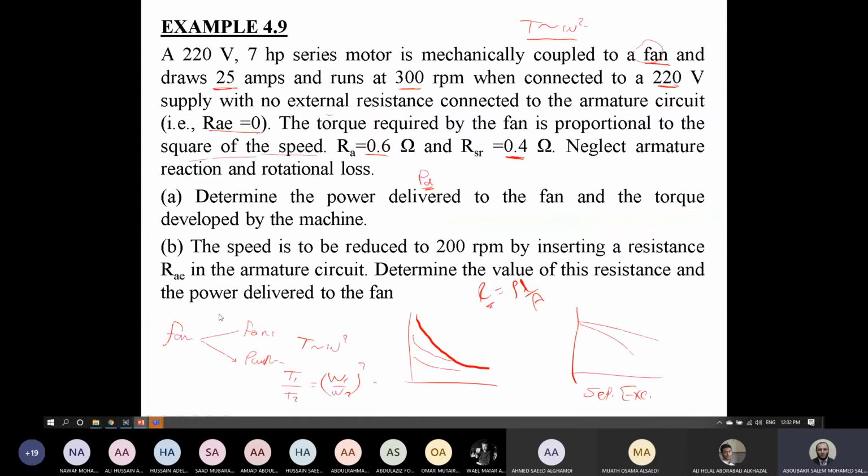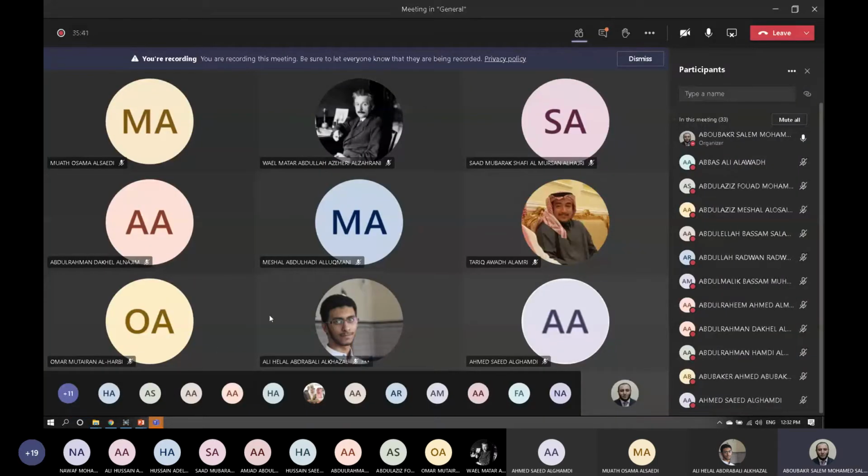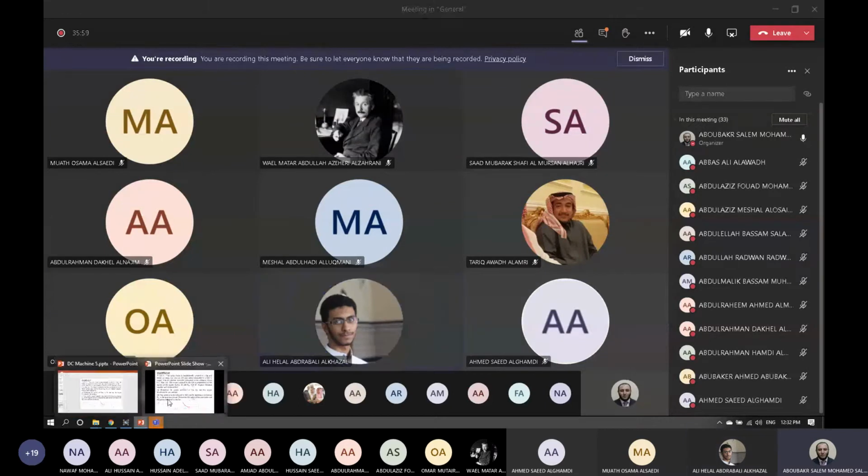How can we solve this part of the problem? Who can help me? Ali Hilal? Yes, can you help me, Ali, in solving this part?